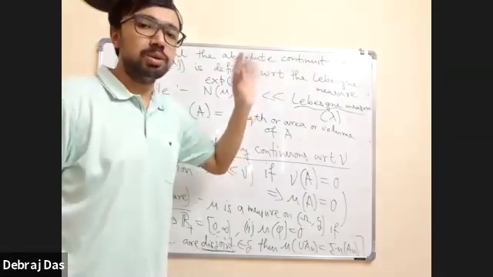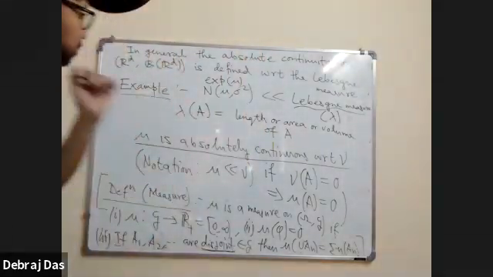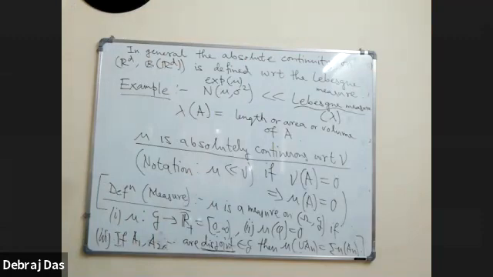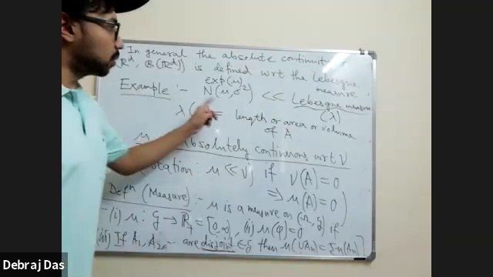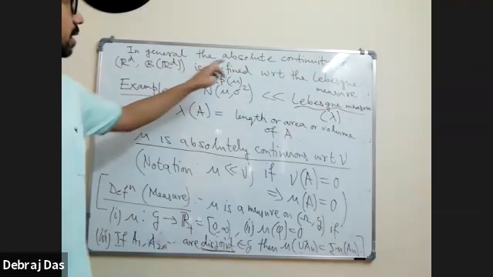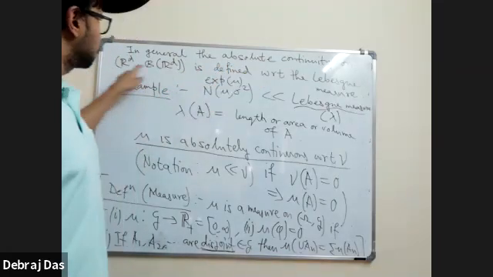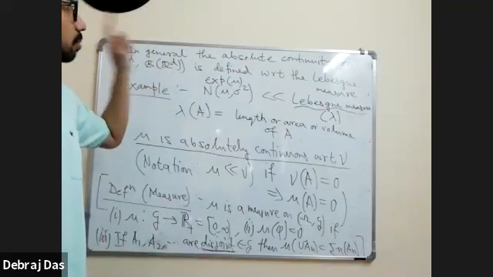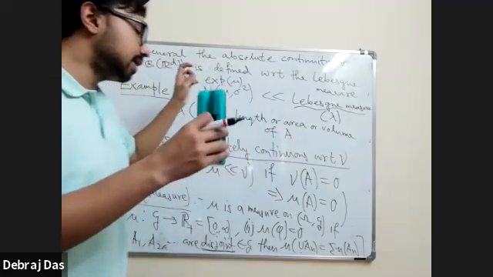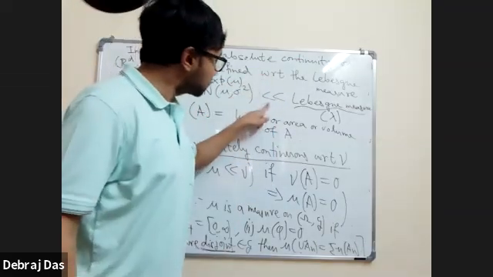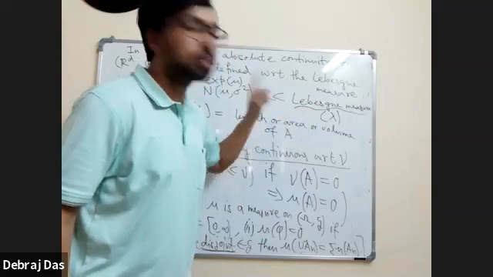There is a difference between absolute continuity and continuity, but I'm not going to go there. So the point is that whenever you say that some distribution is absolutely continuous on R^d, B(R^d), generally it is meant that absolute continuity is with respect to the Lebesgue measure.